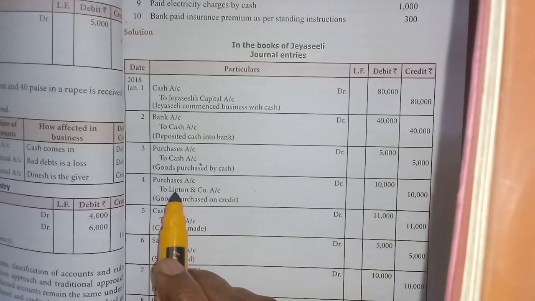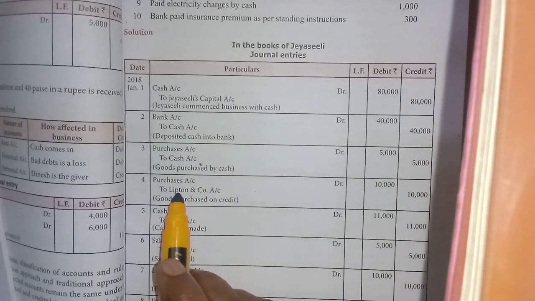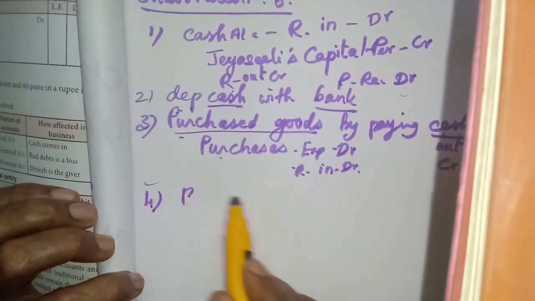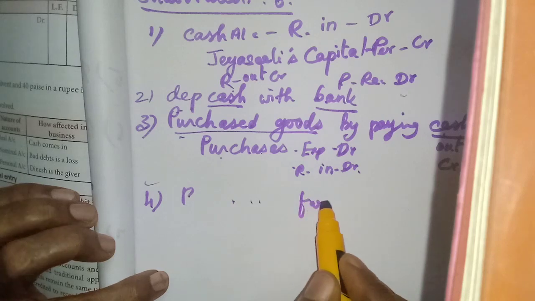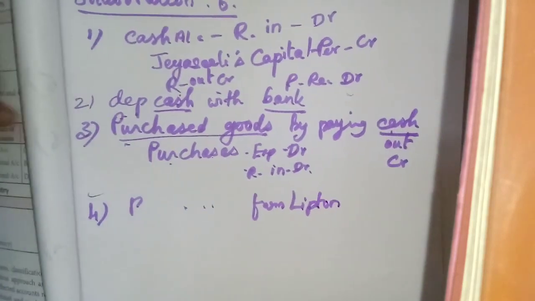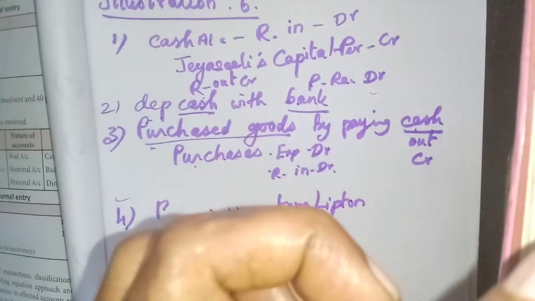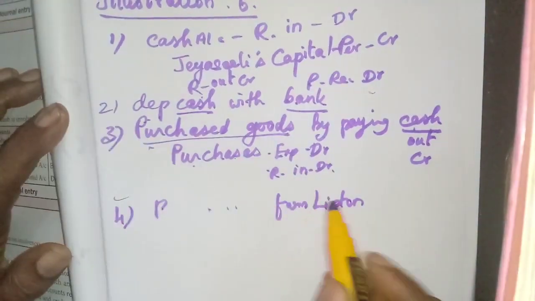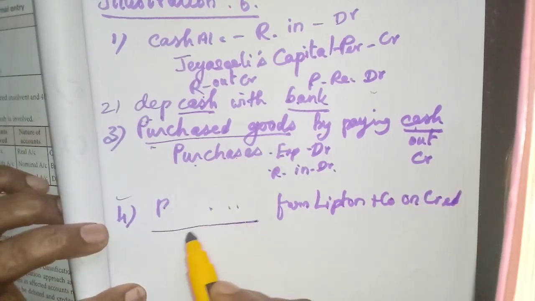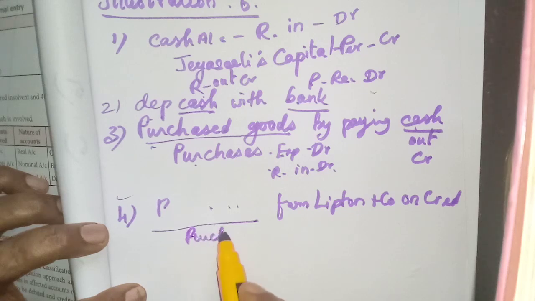Then the fourth one: purchased goods from Lipton and Co on credit. Here purchased goods we know, purchases, isn't it?